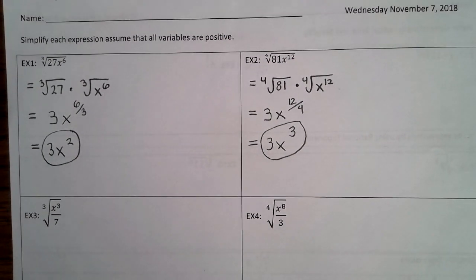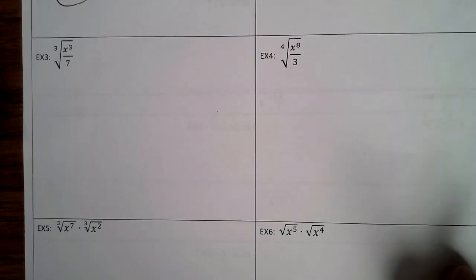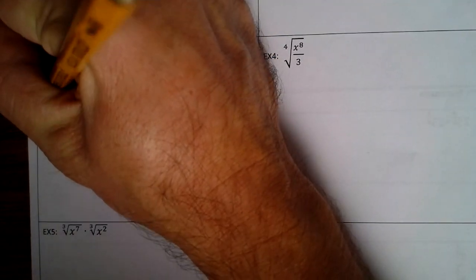All right, let's look at example 3. So now the quotient works just like the multiplication.